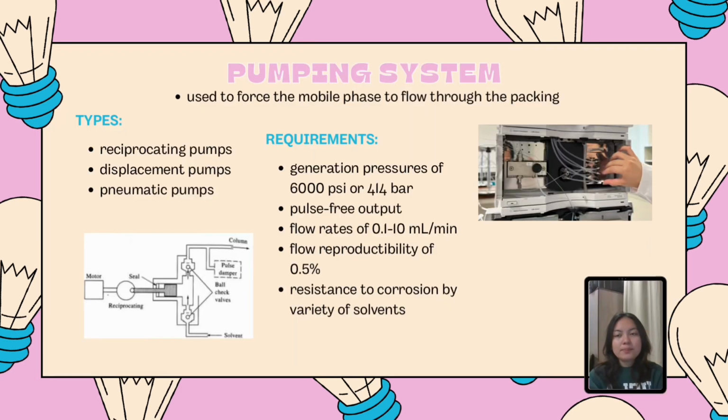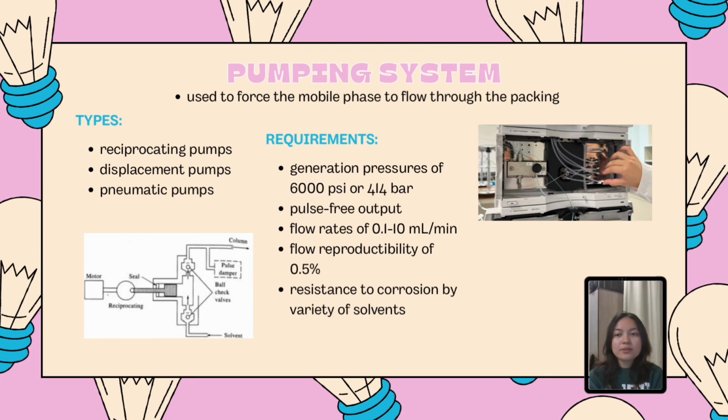Pumping system. Pumping systems are used to force the mobile phase to flow through the packing. The requirement for an LC pump is the generation of pressure up to 6000 psi or 414 bar.